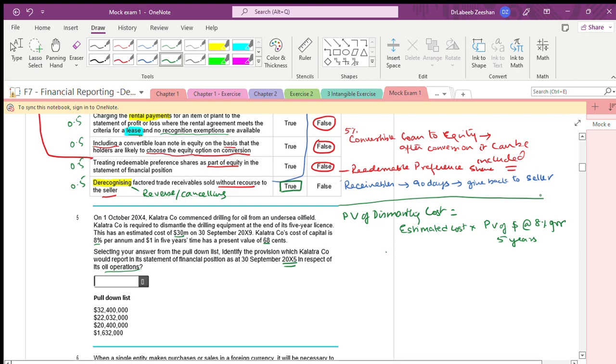Estimated cost is how much? 30 million, times 0.68. It comes to how much? 30 million into 0.68 is 20.4 million.